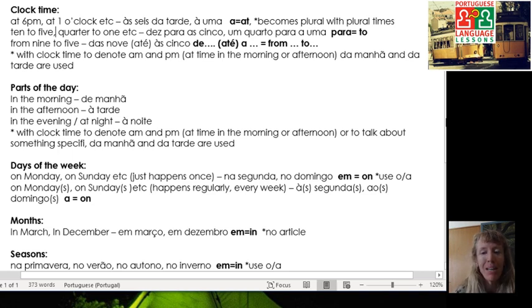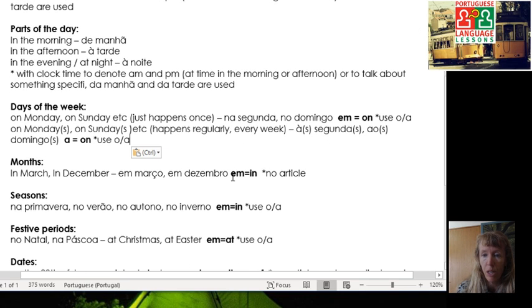If I want to say on Monday or on Mondays, on Sunday or on Sundays, and this is something that happens regularly, I'm going to change my preposition in Portuguese to a, às segundas, or ao domingos. And here I'm choosing a for on, for the regular thing. Okay, and remember, we're also going to use u or a here, the article, with the day of the week.